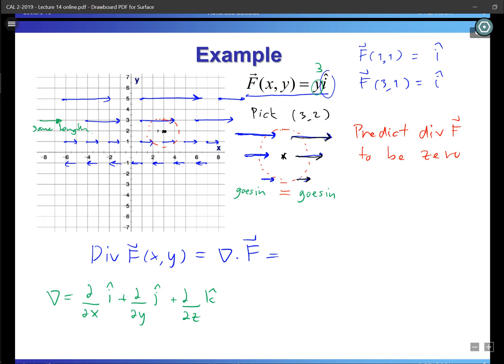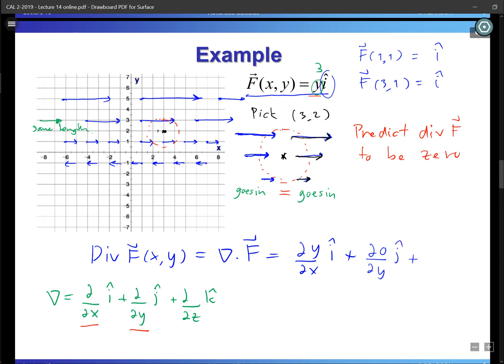Start with the first component, i, and I have this component right here. So I have dy/dx, i, plus the next component, but it turns out that the vector field doesn't have a j component, so this is equal to the partial derivative of 0 with respect to y, j.